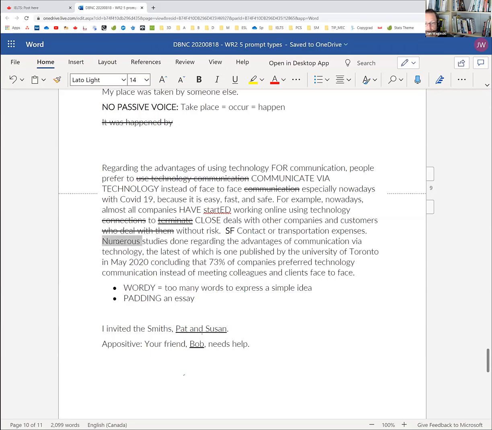Safa, where does a comma belong in this sentence? Numerous studies done regarding the advantage of communication via technology. After studies. You mean here?